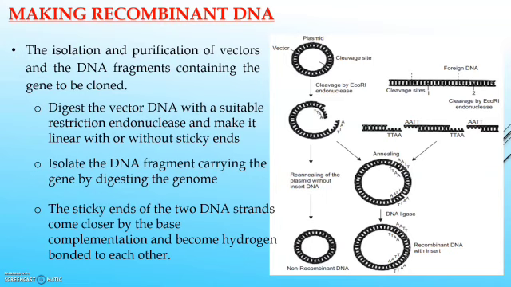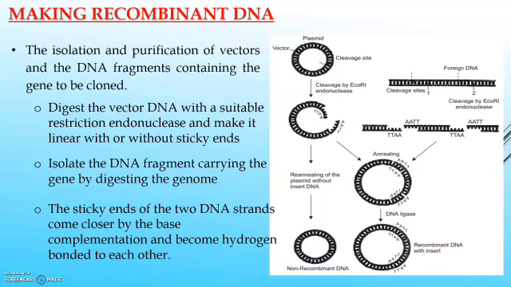First digest the vector DNA with a suitable restriction enzyme and make it linear with or without sticky ends, which is determined by the type of restriction enzyme used, and then isolate the DNA fragment carrying the gene by digesting the genome or the source DNA strand with the same restriction enzyme used for cutting the vector.